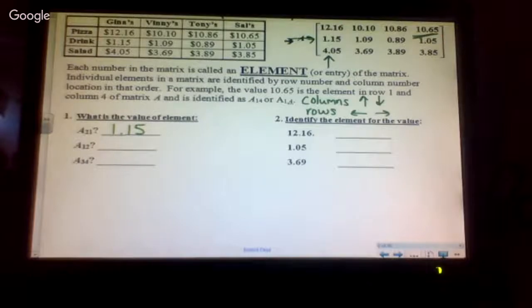Row 1, column 2. So the row is first, column is second. A sub 3,4? 3.85. If you need to, write beside this: row 2, column 1; row 1, column 2; row 3, column 4.